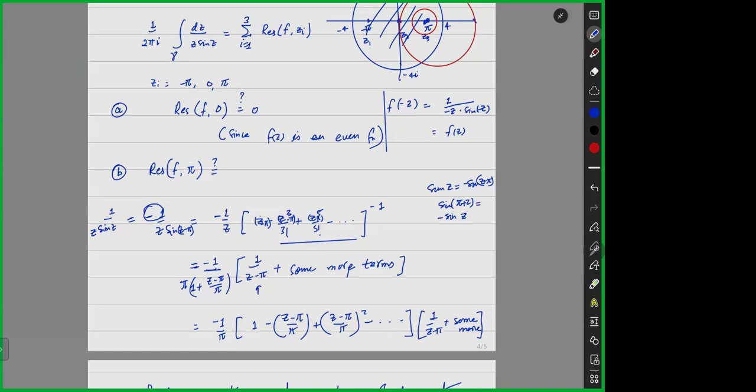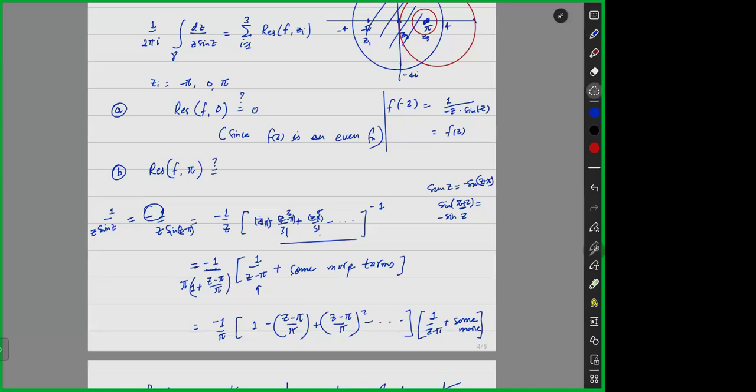So at minus pi, if you want to expand them, you have to take z minus minus pi, and this will be this, and you will get one minus thing. Right, you are getting again minus sign at both points. It is the same residue.